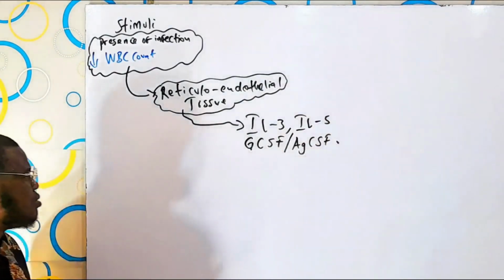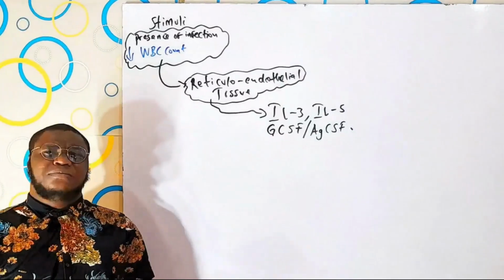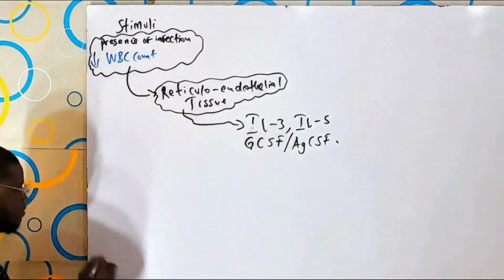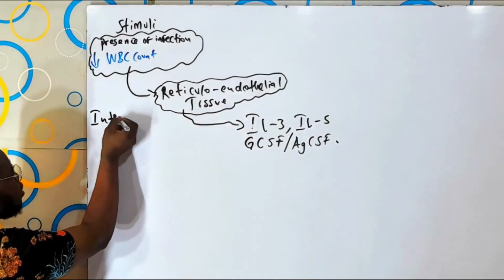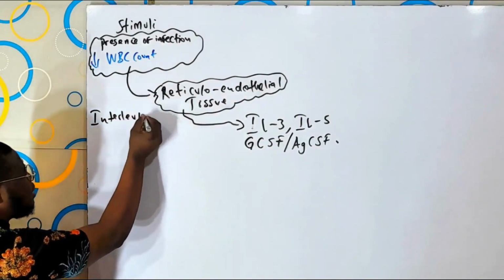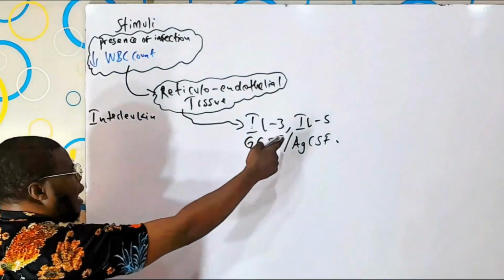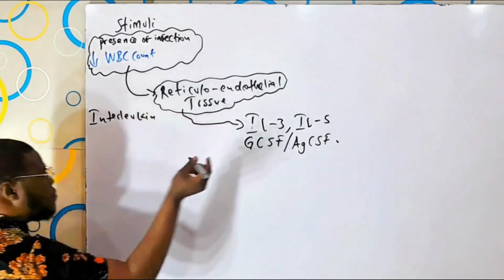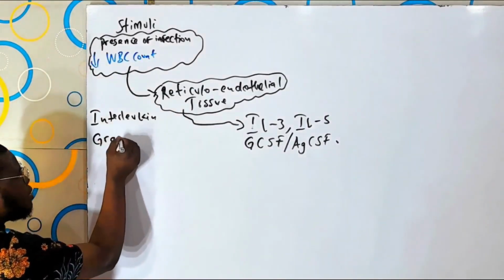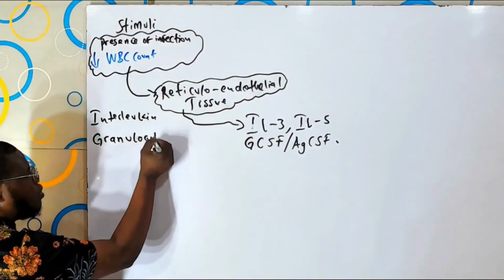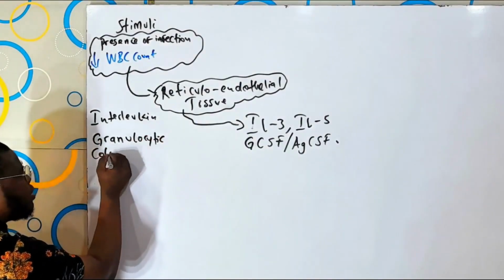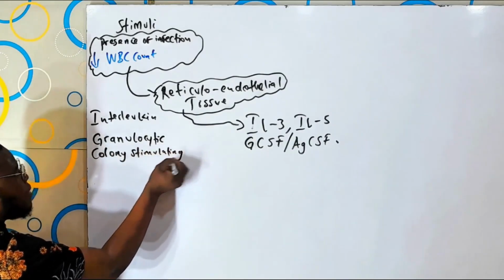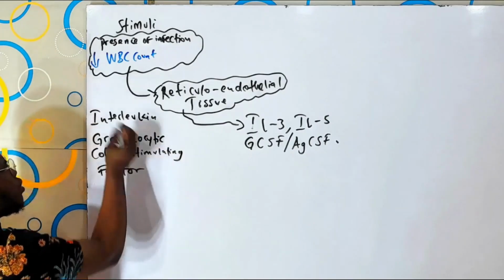Now guys, the question is, what are all these things here? Just what are they? The point is, you see, IL-3 means interleukin 3. IL-5 means interleukin 5. Now you see this GCSF, it means granulocytic colony stimulating factor.